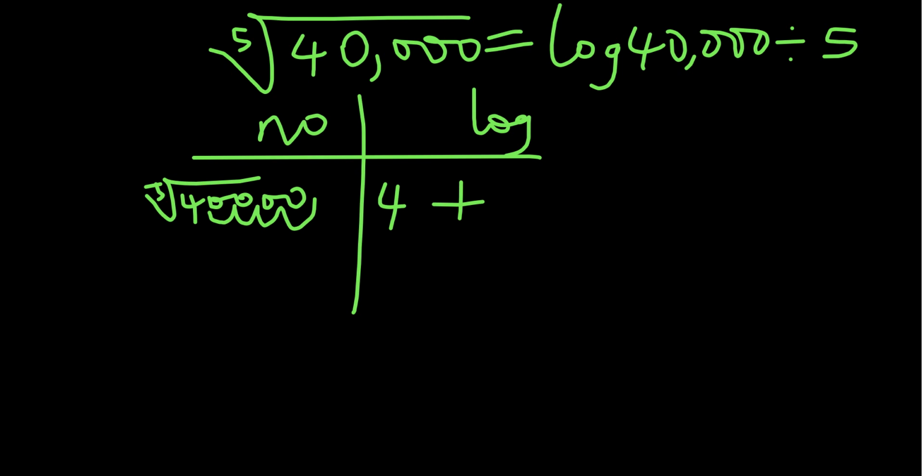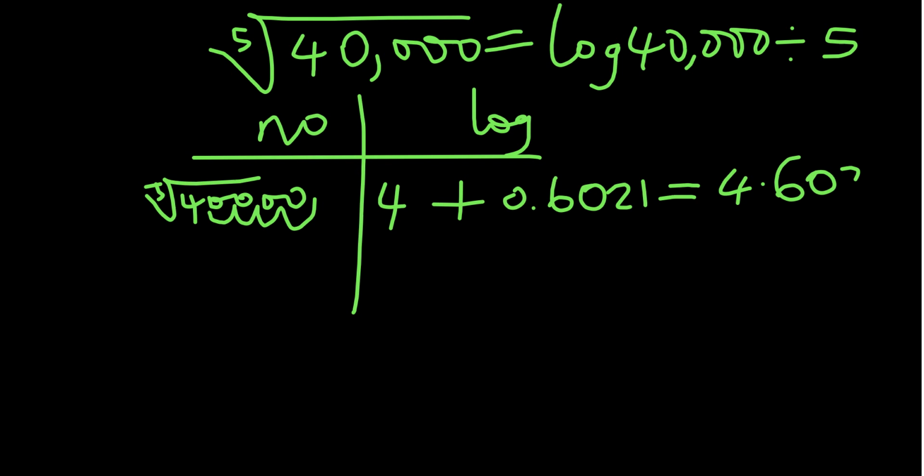So you're going to look for 40 under 0 difference 0. If you look for this, you're going to get 0.6021, and if you combine these two, mantissa and characteristic, you're going to get 4.6021.